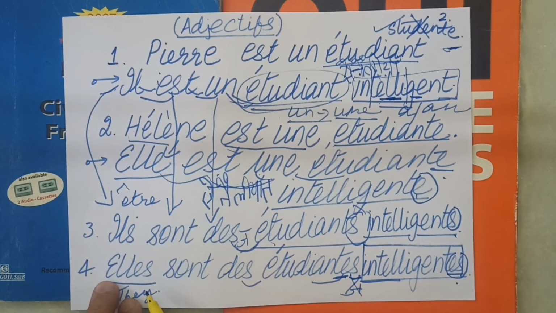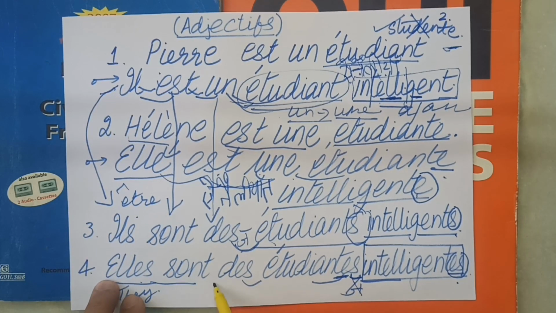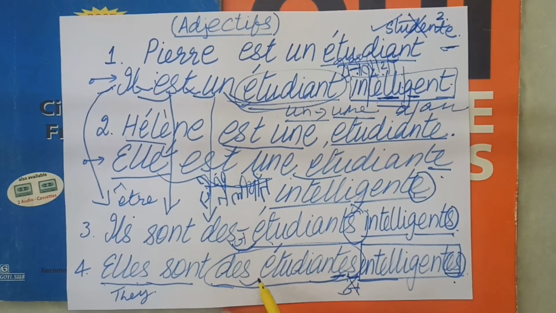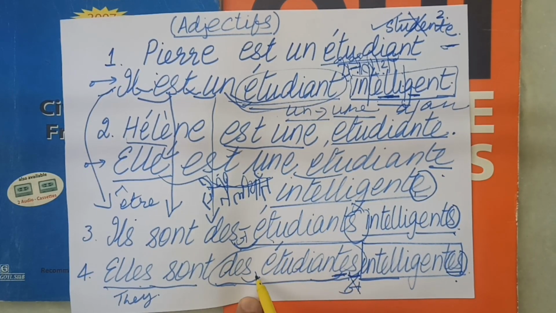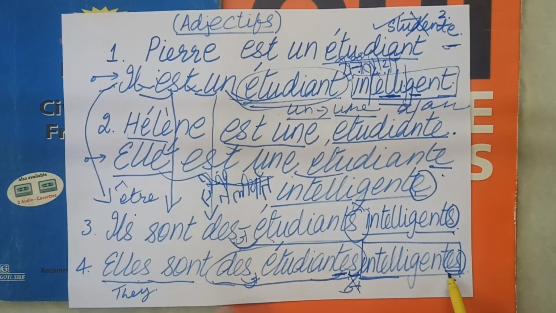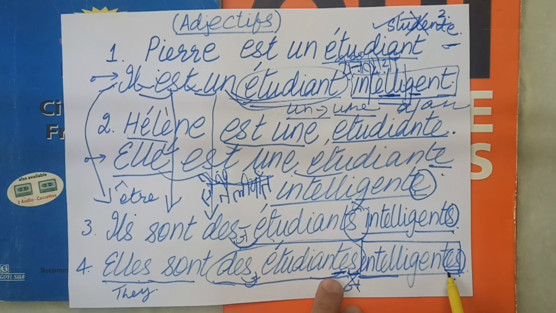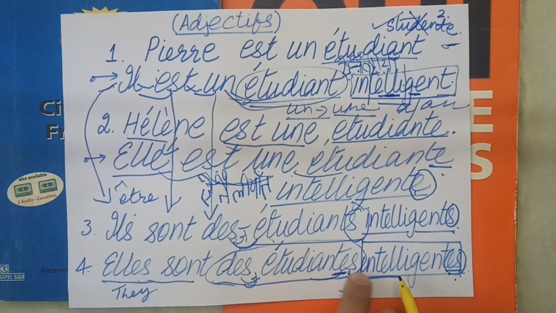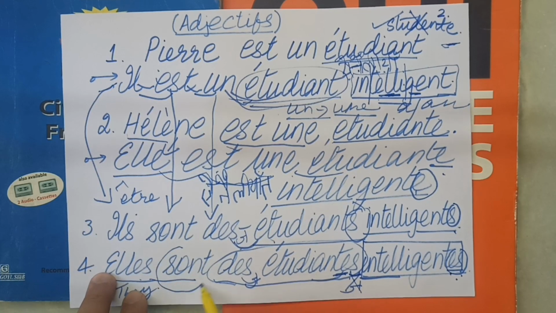But here you can say elles sont des étudiantes. Here it makes quite clear the sound, and then you can separate it. And since you are pronouncing des étudiantes, the sound is giving me an idea that this is plural they and this is with s, and then I have this sont sound coming.